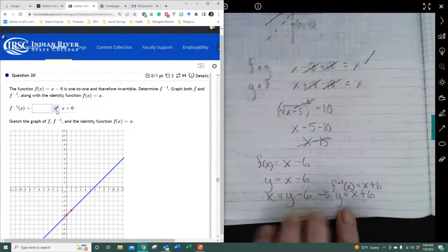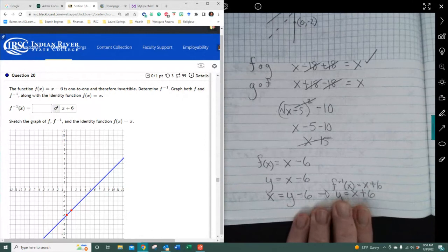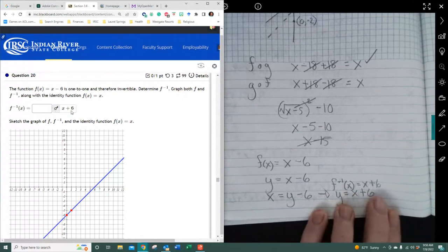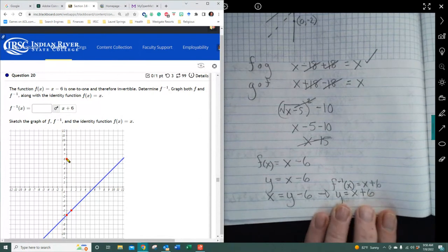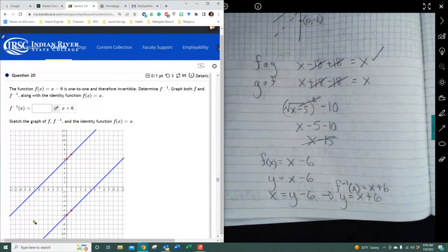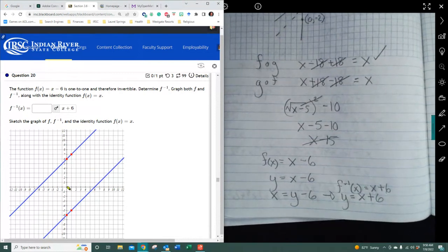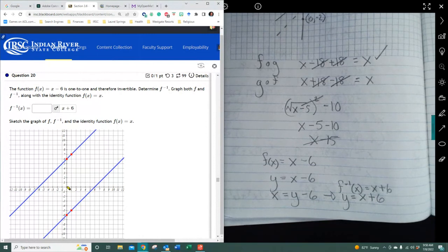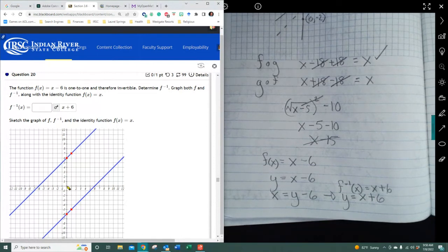So you have this equaling that, which we gave. And now we want to graph that. So all you do is go up to +6, and then we graph it. It's up 1 over 1. And they look like they're parallel to each other, but they should be, because it's reflecting over the line y equals x, the identity function.